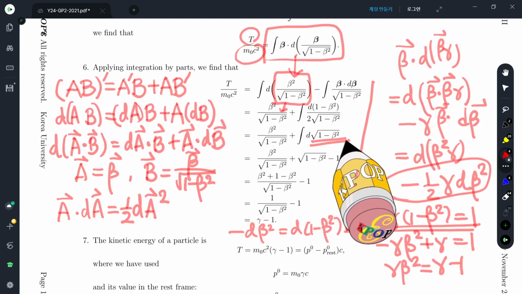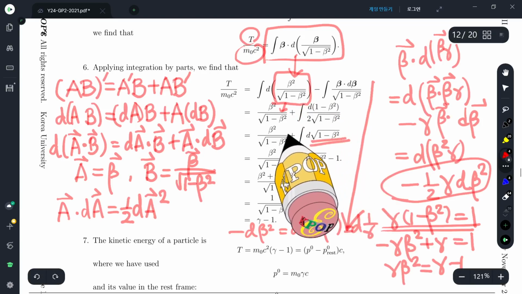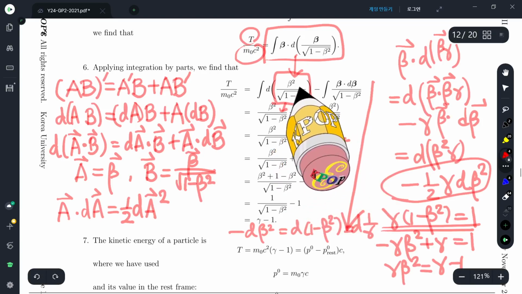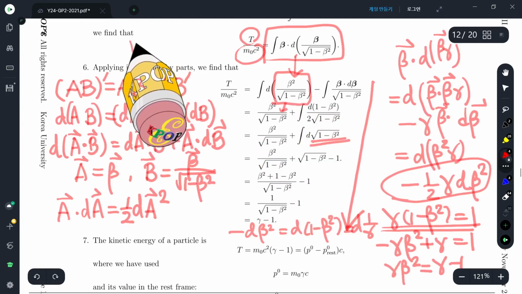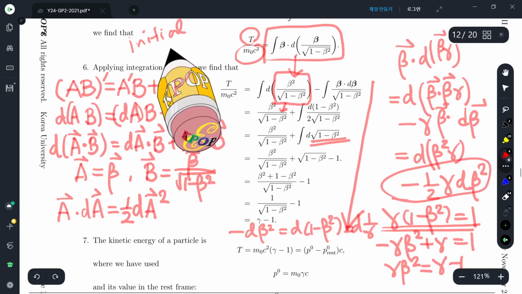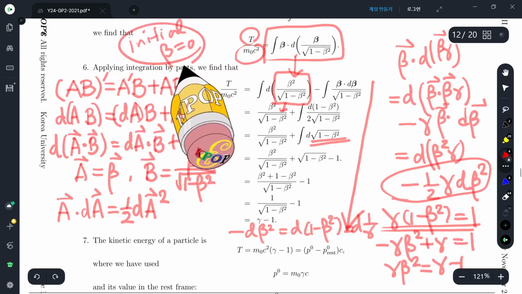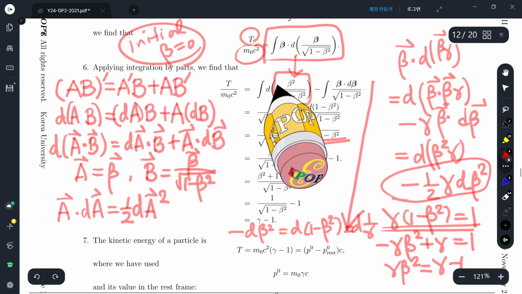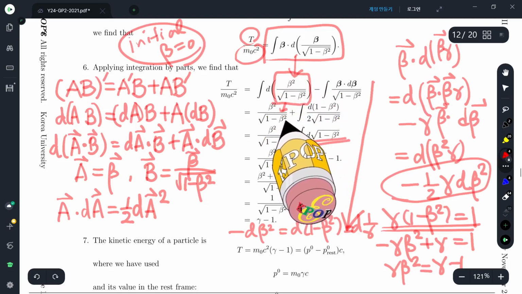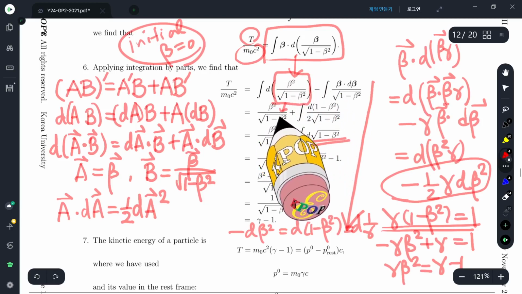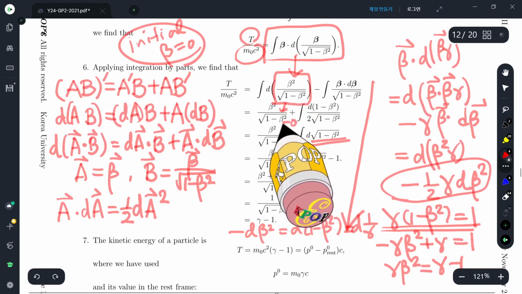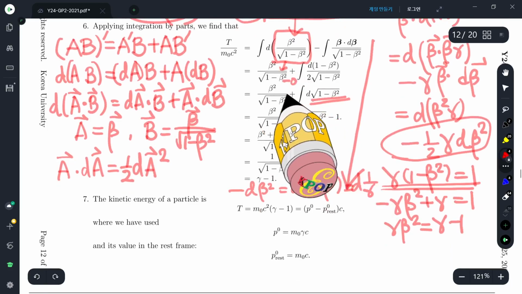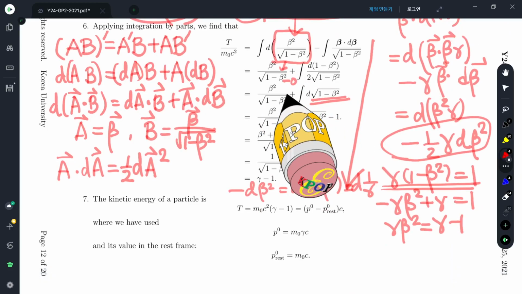Finally, here I need to subtract the initial value, but the initial state is beta equals 0, the rest frame. So this value is subtracted by the initial value at beta equals 0. The minus 0 is missing, but that part doesn't change the answer.